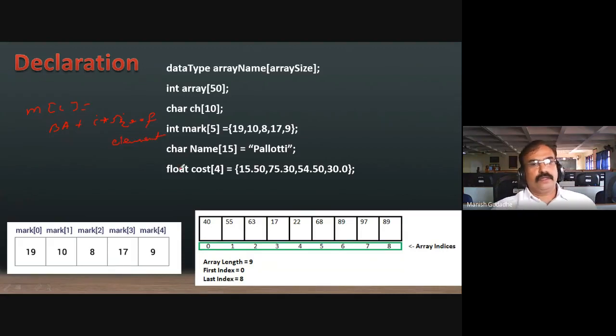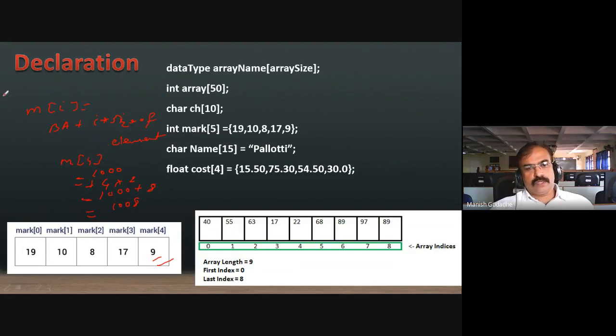Let's check whether it works or not. If I'm talking about M of 4, it will be base address 1000 plus 4 into integer bytes 2. So it will be 1000 plus 8, that is 1008. Is it working? Yes, this location was at 1008.